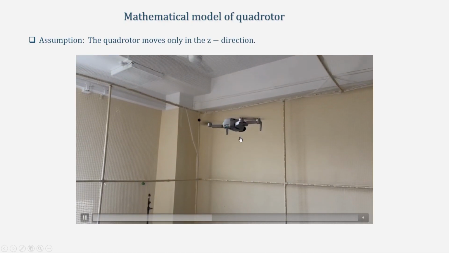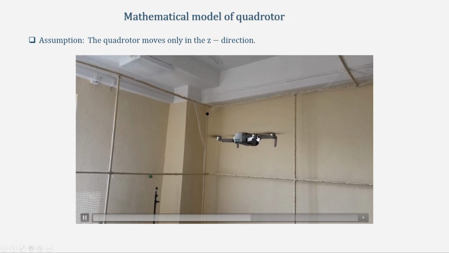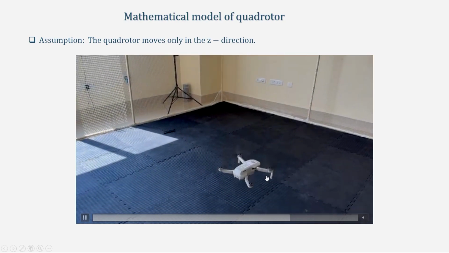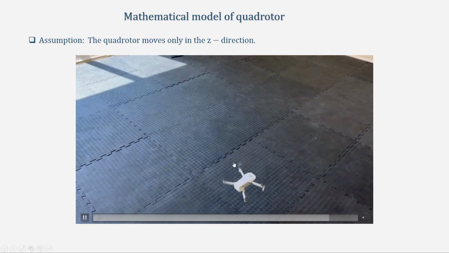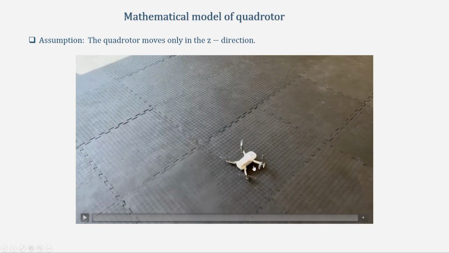You can see that the quadrotor is moving up now, so the speed of the rotors was more. When the quadrotor is moving down, the speed of the rotors has been decreased, and at the end you will see that when all the propellers have come to a halt, the quadrotor comes to the floor.